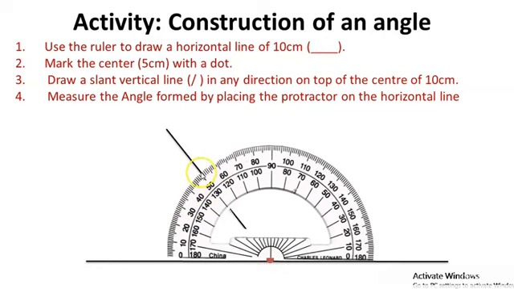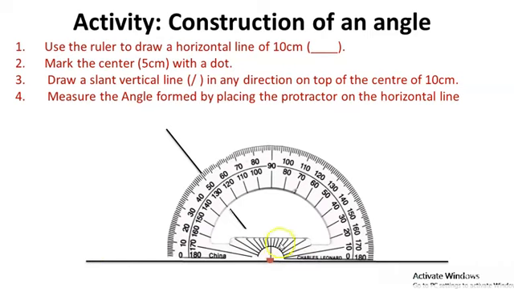Now you can see the protractor placed on the horizontal line, and the line of the protractor lies on the straight horizontal line. So how do we take the measurement? You can start from the left or from the right.